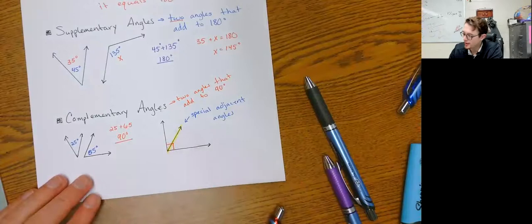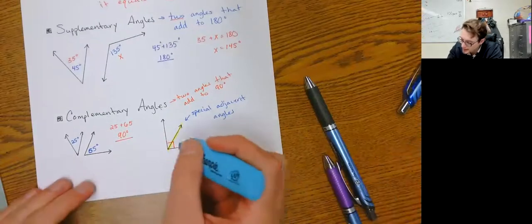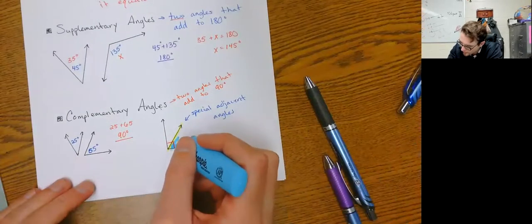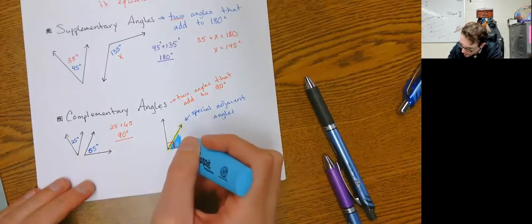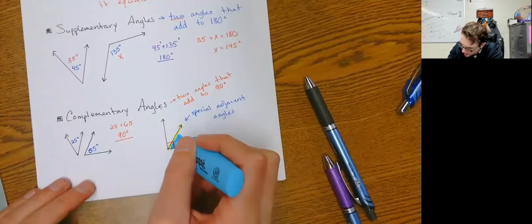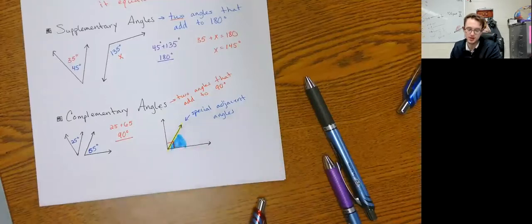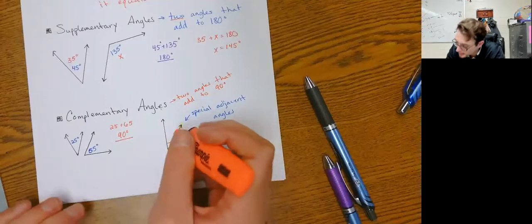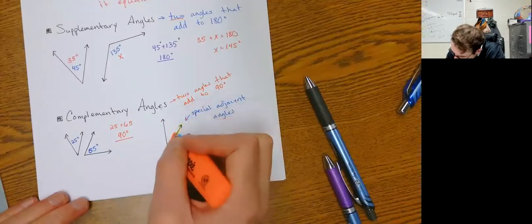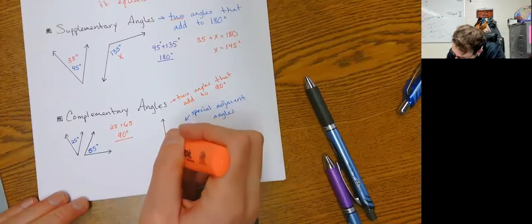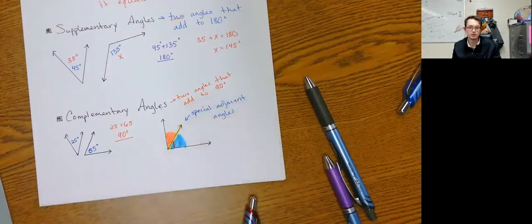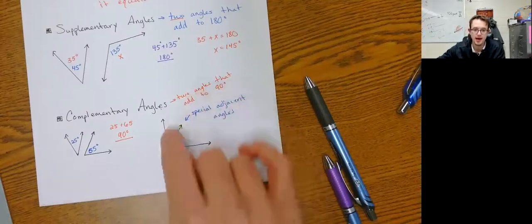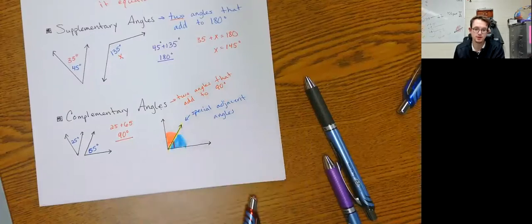So these two angles, this angle here, doing a terrible job shading that, and this angle here are adjacent angles that add to 90 degrees.